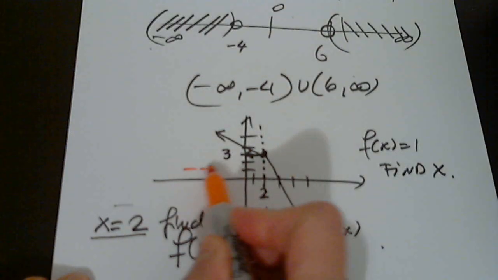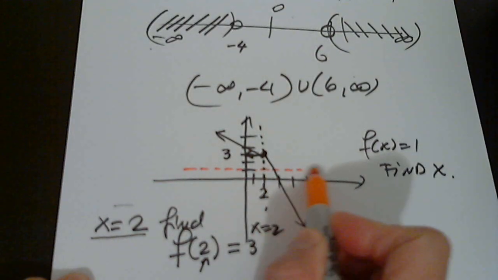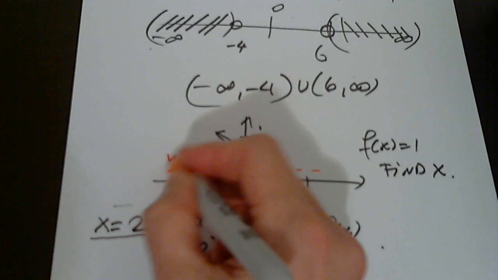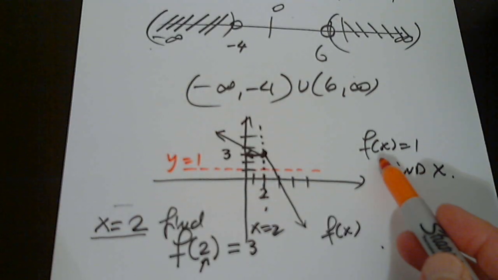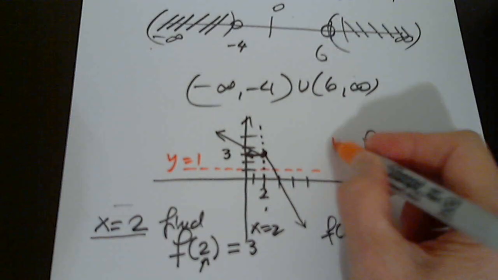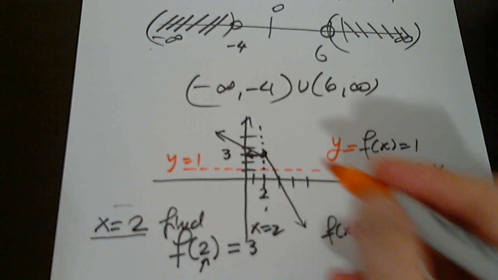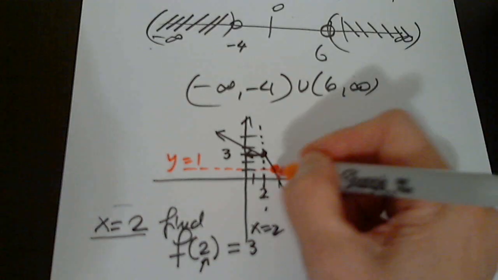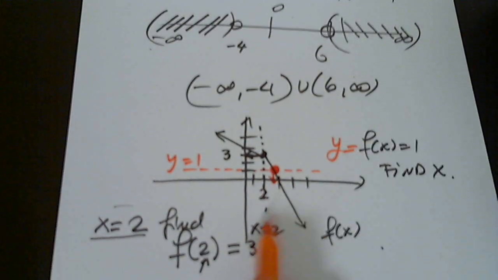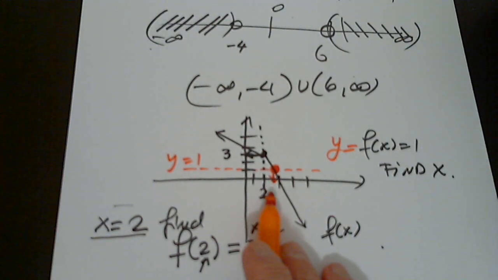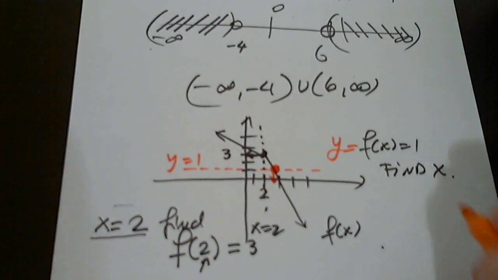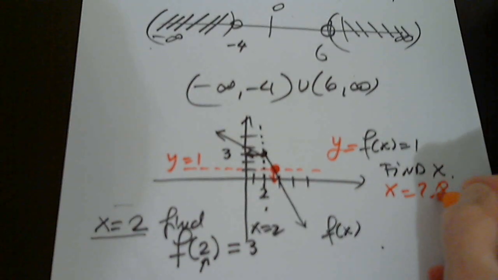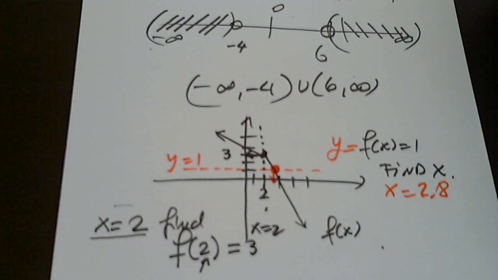So I imagine I draw a horizontal line y equals 1. f of x or y are the same thing. I see it crosses the graph in one point, and I will be reading the x value. So I'm going to estimate here 2.8. So x equals 2.8 when y is 1.